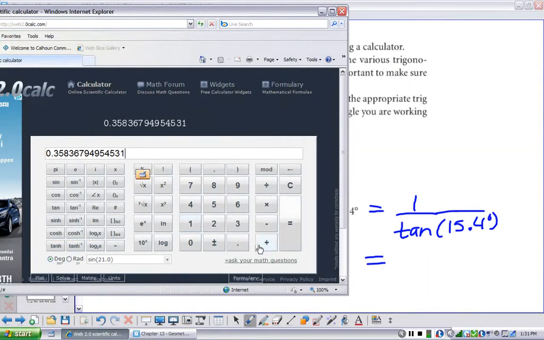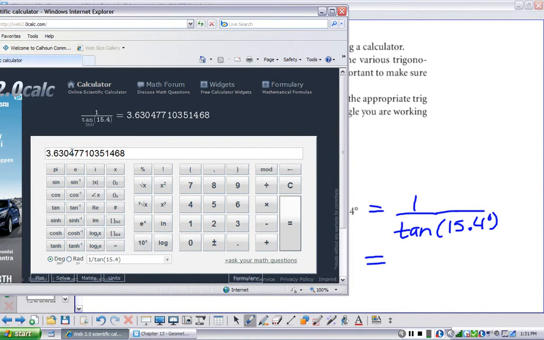1, we got to clear it out first. 1 divided by tangent 15.4. Close that parentheses, equals. Okay, so here we get 3.60.